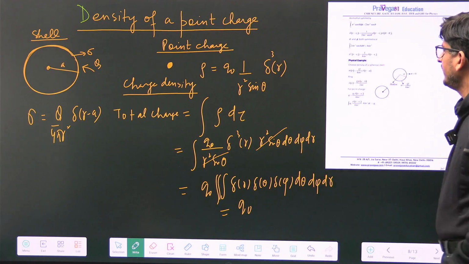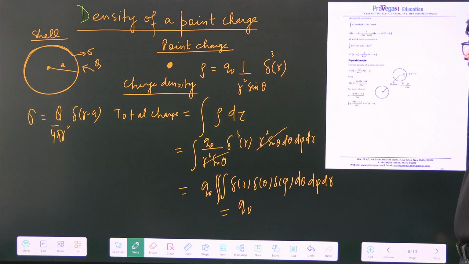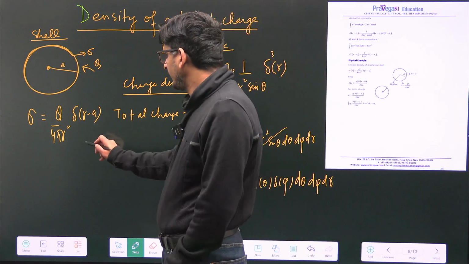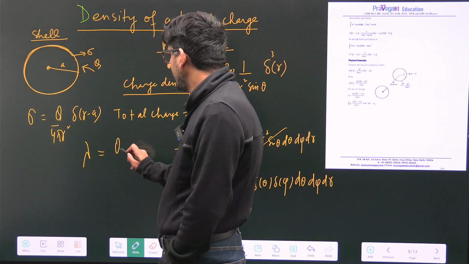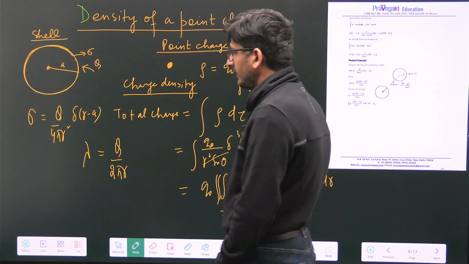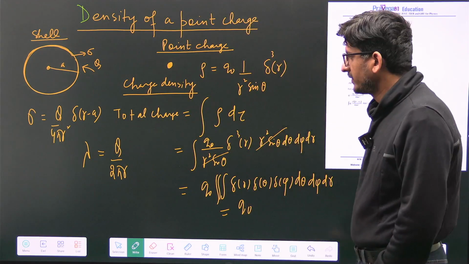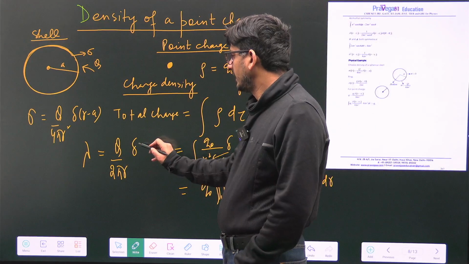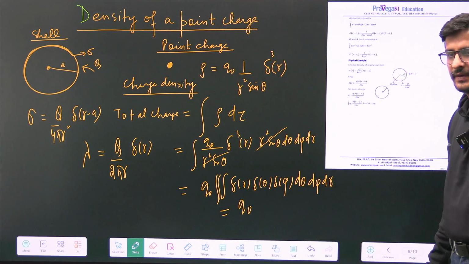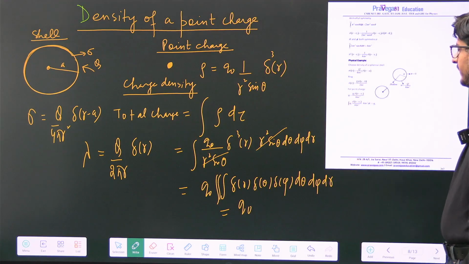And similarly, even line charge density can also be represented in a similar way. If you want to represent lambda, it will be Q by 2 pi r and delta function, suppose it is only present at r equal to 0 and absent otherwise, so it can be represented like this.